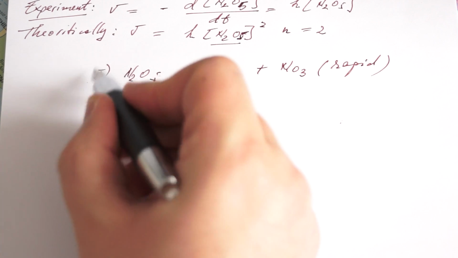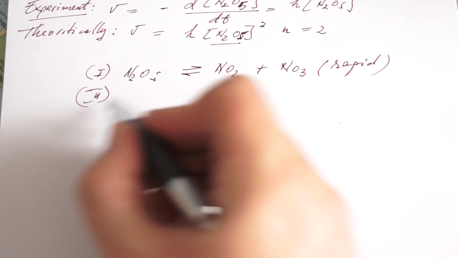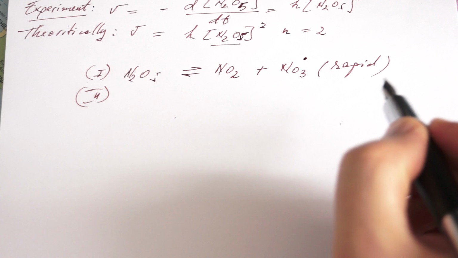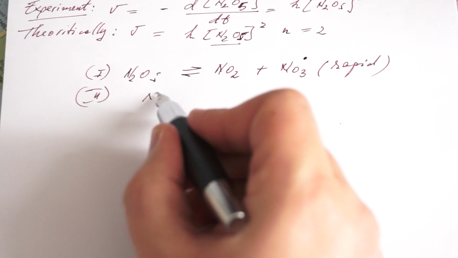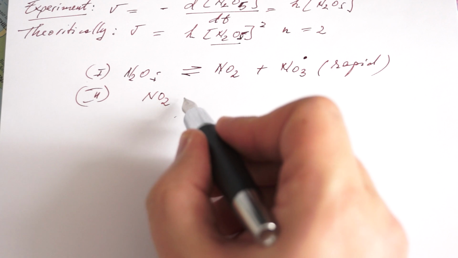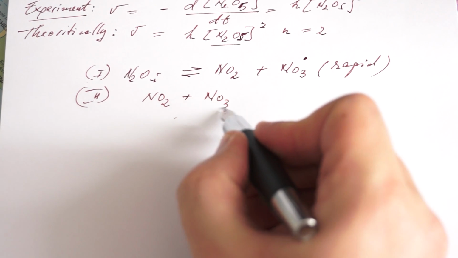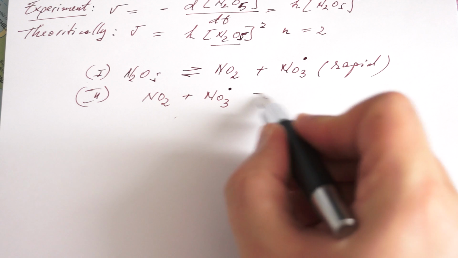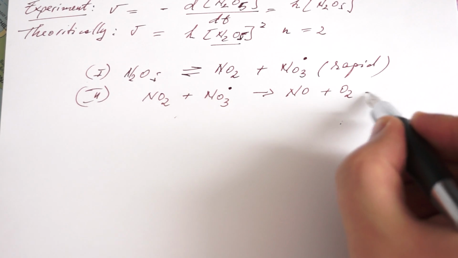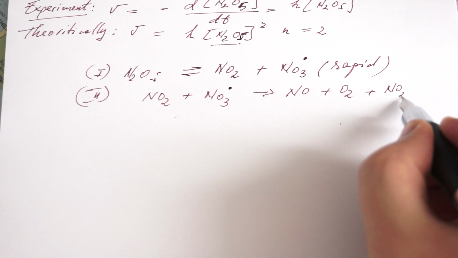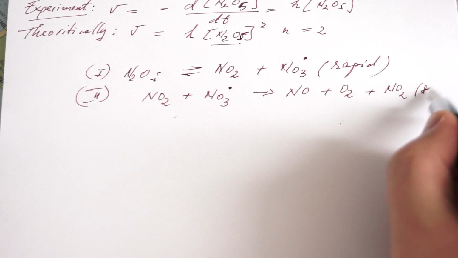So this is step 1. In step 2, this NO3 that is produced here is a radical. The second step is NO2 reacting with the NO3 radical to produce NO plus oxygen plus nitrogen dioxide, and this is slow.